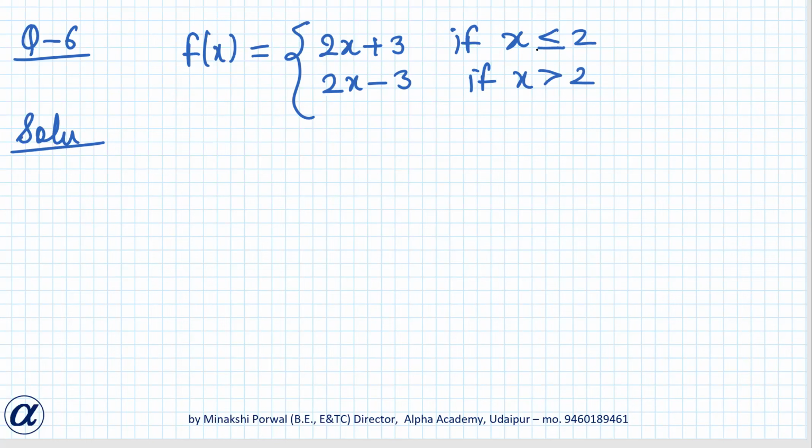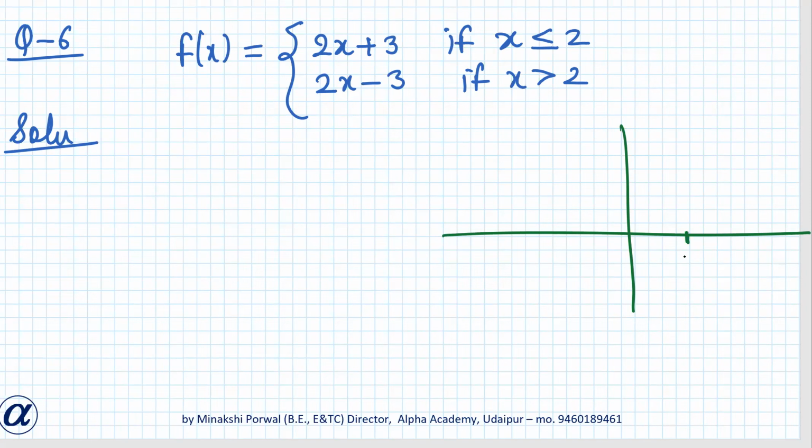Basically, when x is less than or equal to 2, it is defined by f(x) equals 2x plus 3. When it is greater than 2, it is defined by 2x minus 3. When you plot this graph, before x equals 2 it is defined by 2x plus 3, so there will be a linear graph, neither in this direction nor the other.